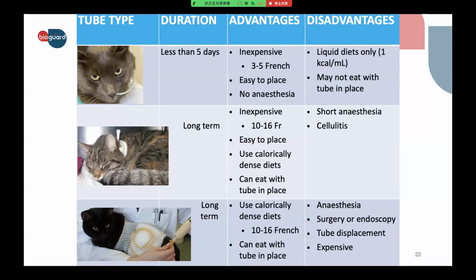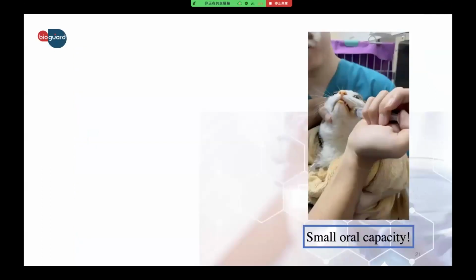But why don't I put the tube in once the animal is hospitalized? I will start with oral syringe force feeding first, because the animal is not in a stable condition. She is pretty dehydrated, and because the animal is not eating for a while, they very easily develop vitamin K deficiency, which makes the coagulation system worse.